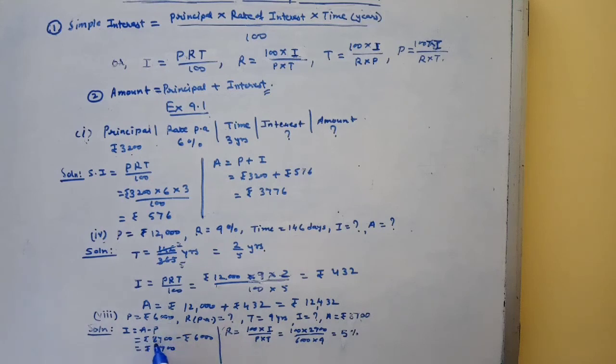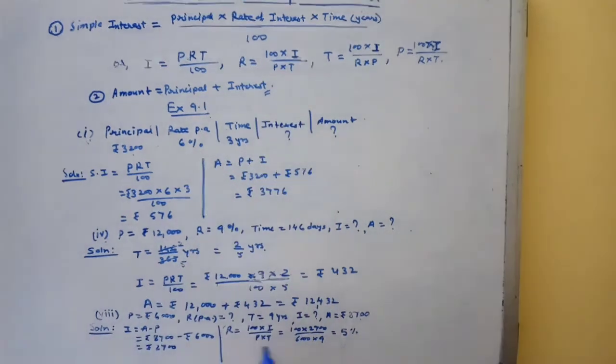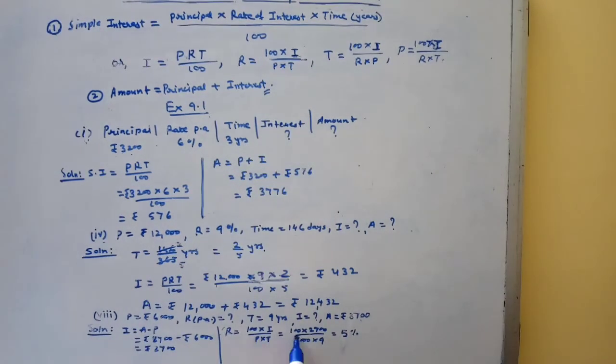Amount is 8,700 and principal is rupees 6,000. We will get the interest, rupees 2,700. Now we find the rate per annum using this formula, 100 into I divided by P into T. Put the values of interest, principal and time here. We will get the rate, 5%.